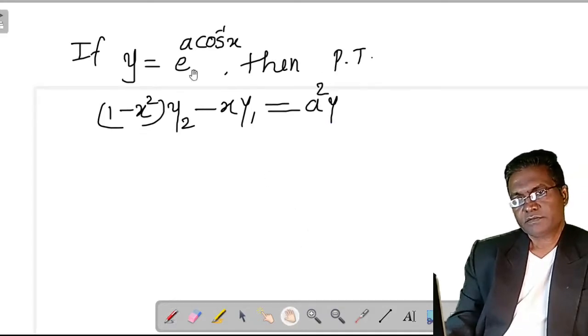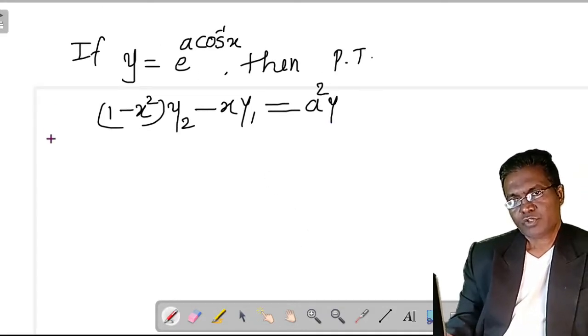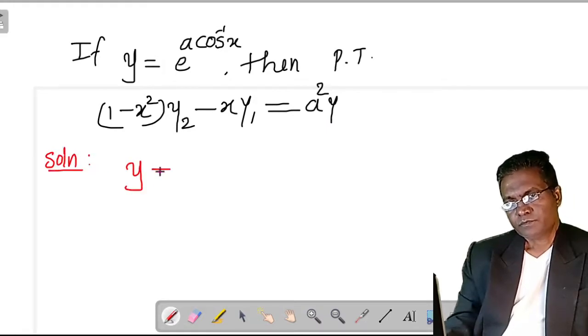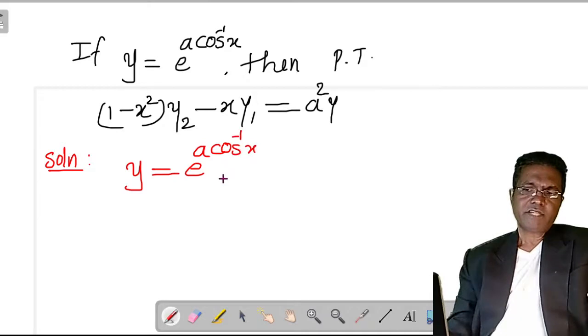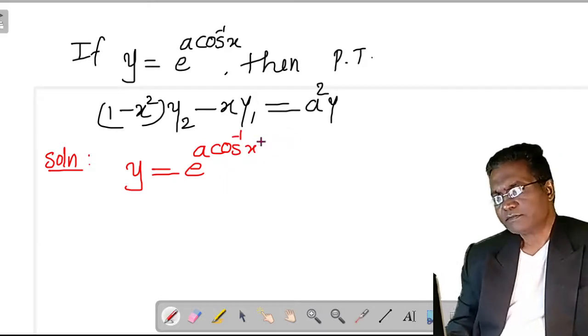Okay. So y is equal to e power a cos inverse x. Even if it is sin inverse x, you will get the same result.